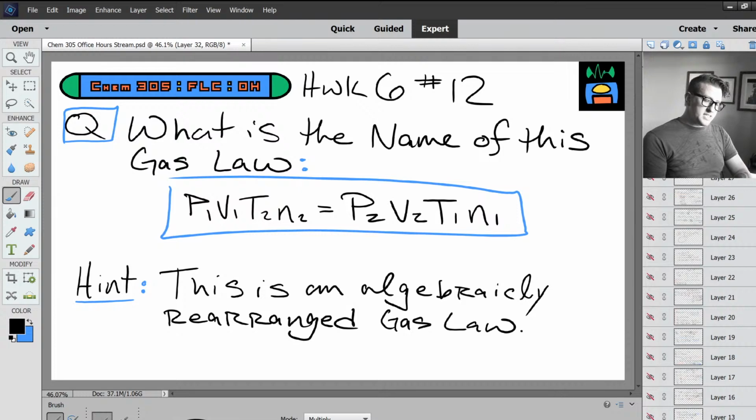So what this problem did is it took one of the gas laws we learned and algebraically rearranged it. So take a look at the suggested laws and see if you can find the match.